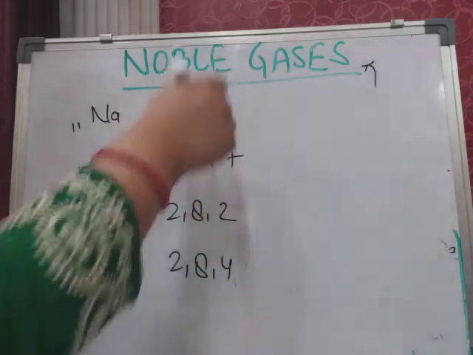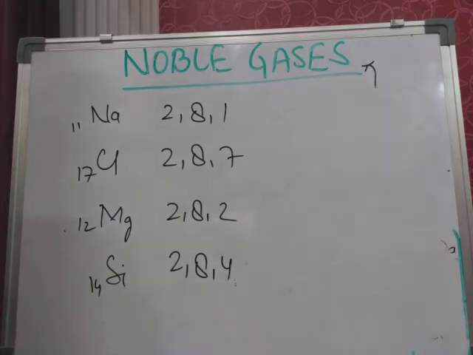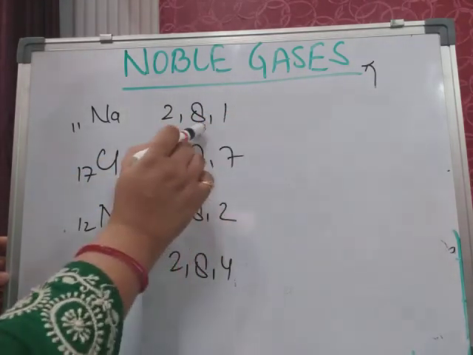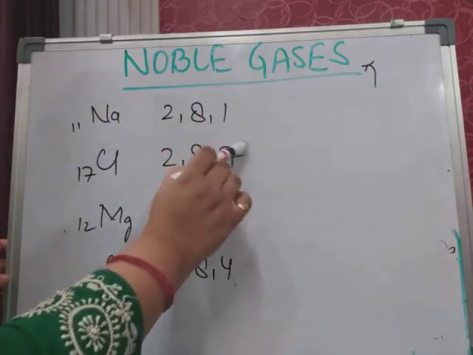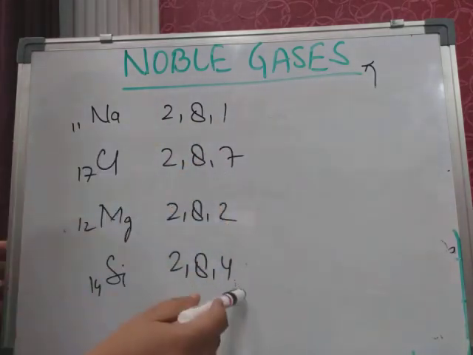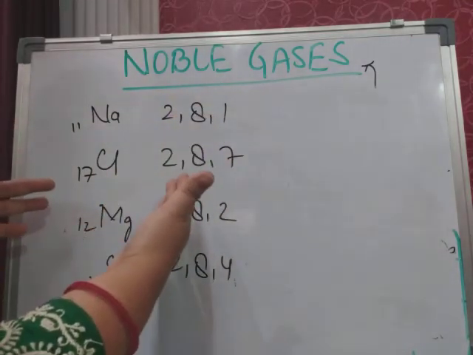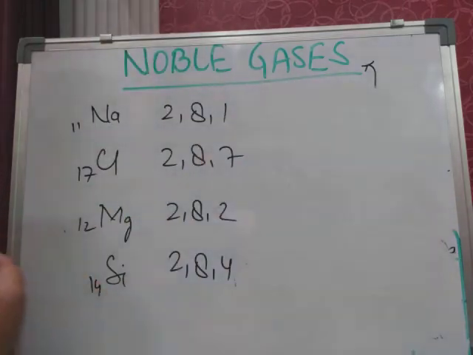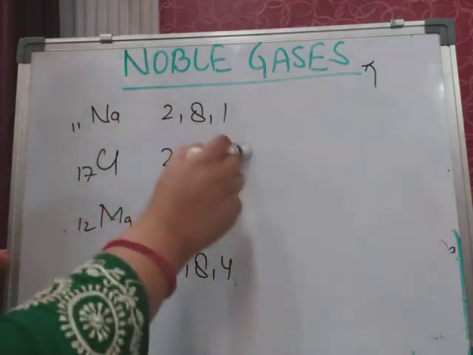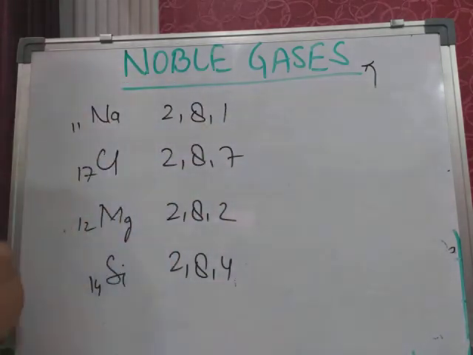All these atoms will either lose electrons to complete their octet, or gain electrons to complete their octet, or share electrons to complete their octet and attain stability when these atoms combine with any other atom. Whenever one atom combines with another, its tendency is to attain stability, and only then will they combine to form a product.